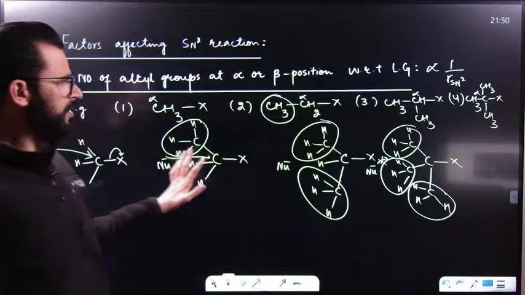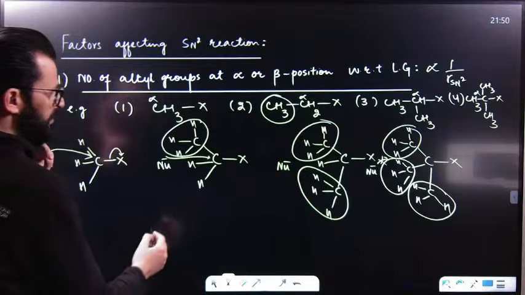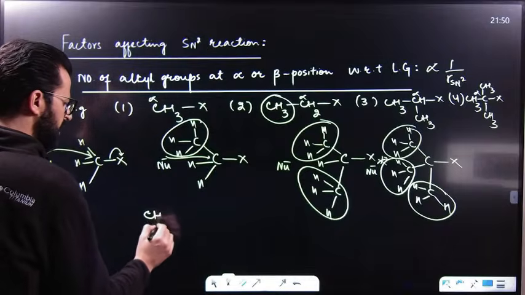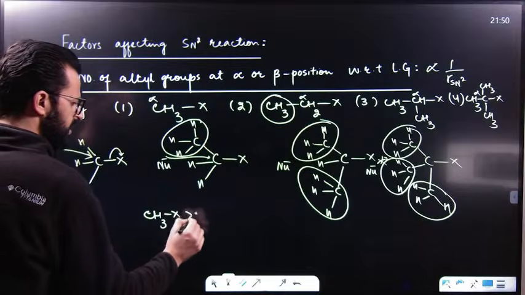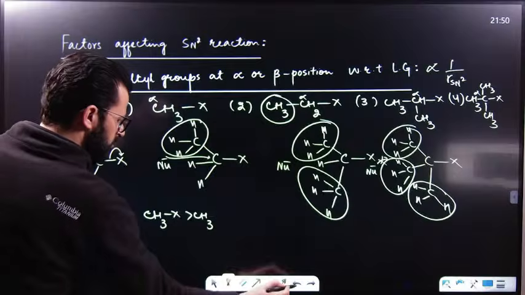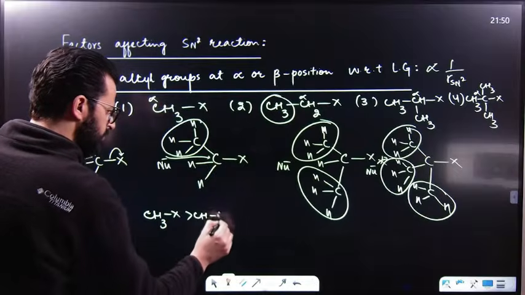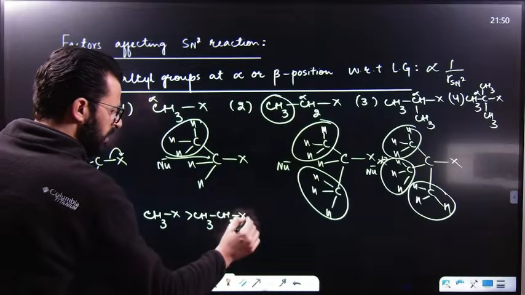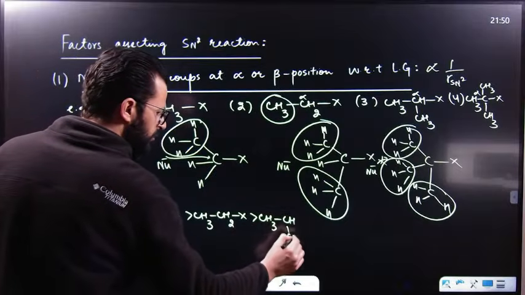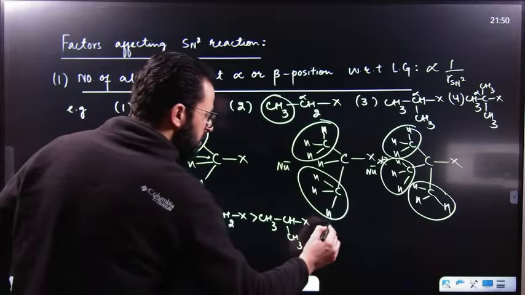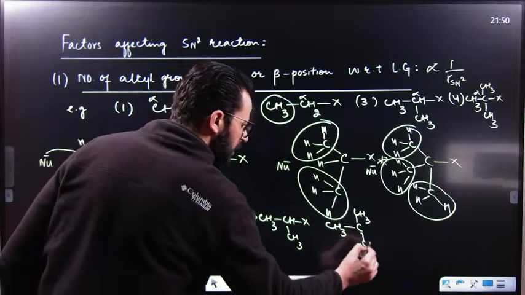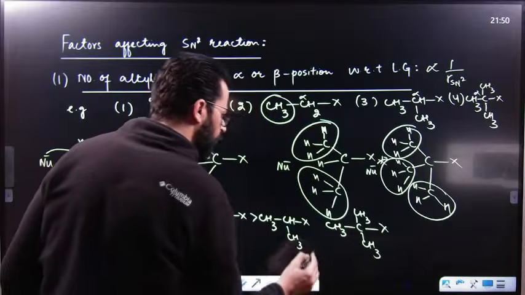So I will rub this or simply write down the answer over here. It will be simply methyl halide greater than 1 degree alkyl halide, after that 2 degree alkyl halide, and lastly 3 degree alkyl halide, or we can simply say 3 degree alkyl halides do not show the SN2 reaction because of more hindrance.